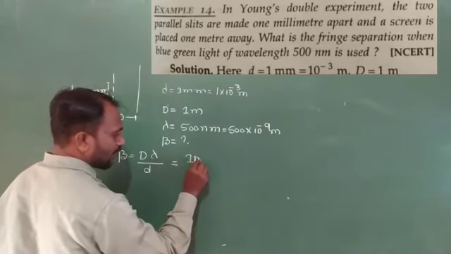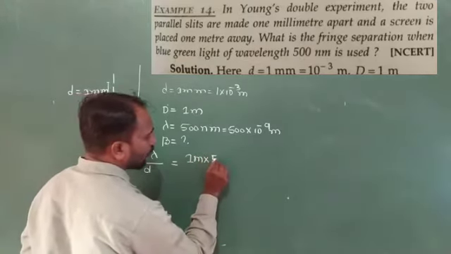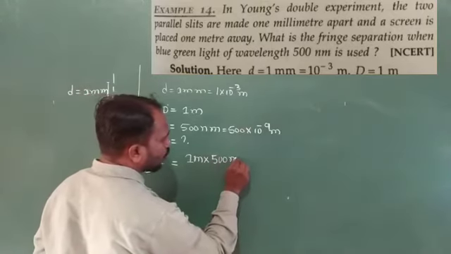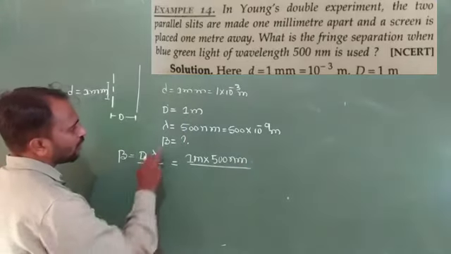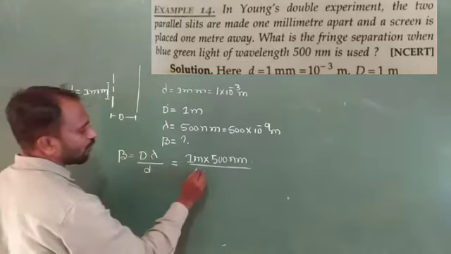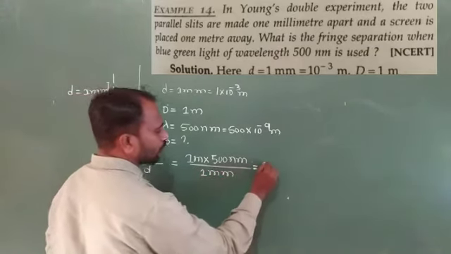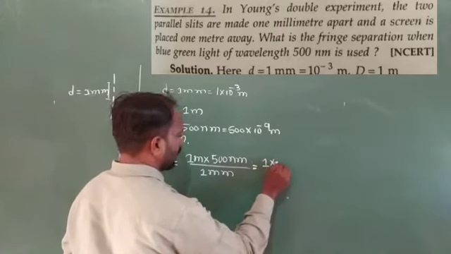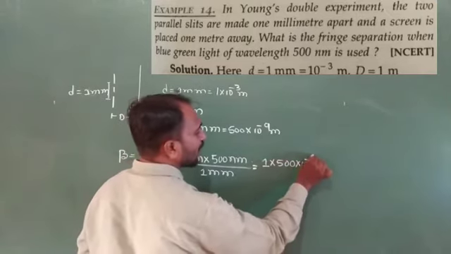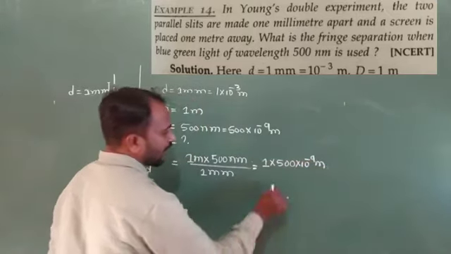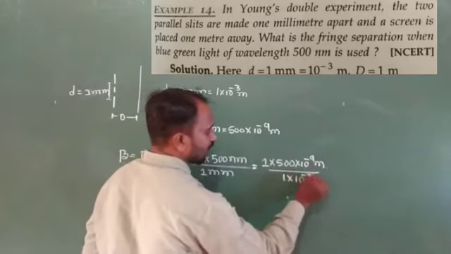So D is already given as 1 meter, into lambda, which is 500 nanometer, divided by small d. Small d is the distance between slits, 1 millimeter. So it means 1 meter into 500 into 10 power minus 9 meter divided by 1 into 10 power minus 3.